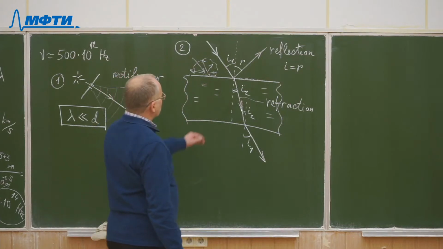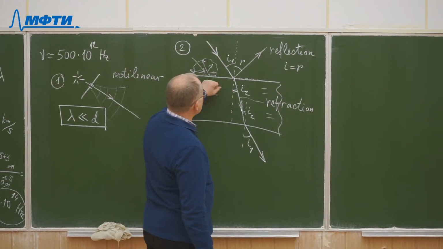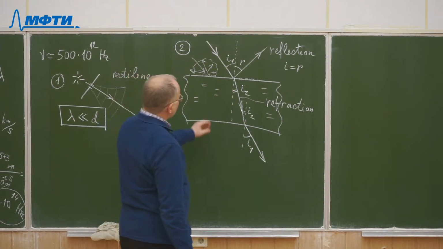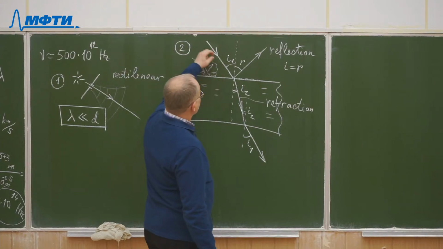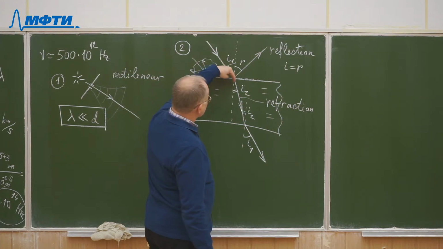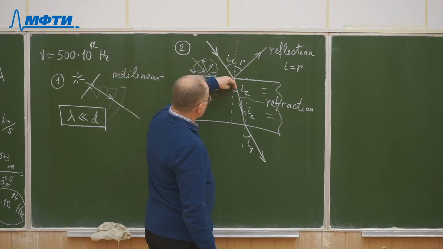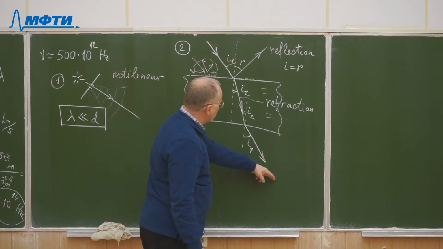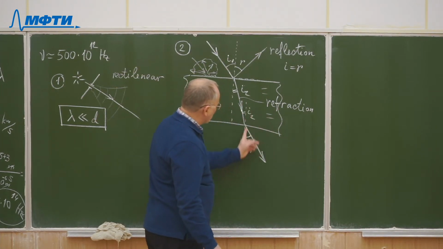So refraction depends on which medium has more optical density. If the light beam goes from the air into the glass, the refracted light will be bent toward the normal. If the light beam goes from the glass into the air, the refracted light will go away from the normal to the surface.